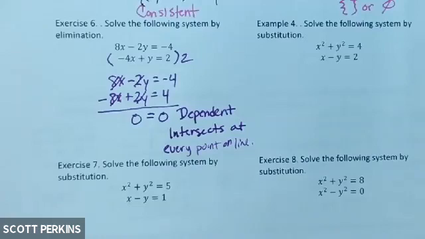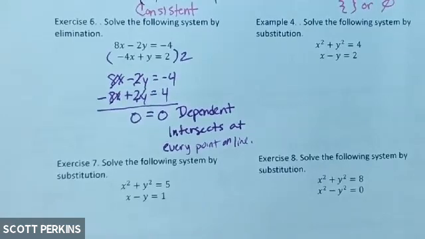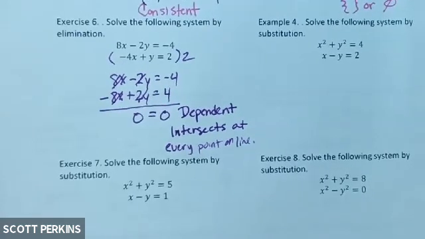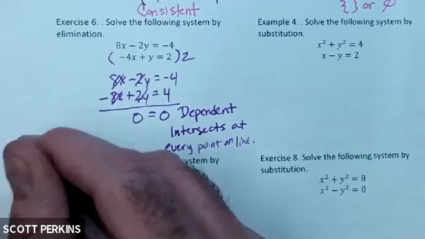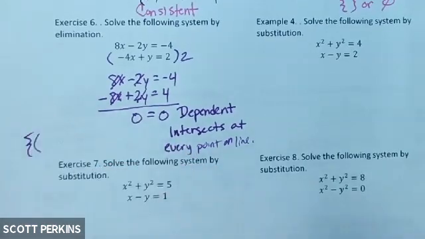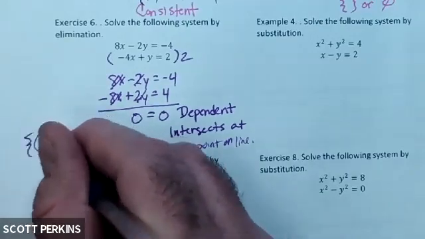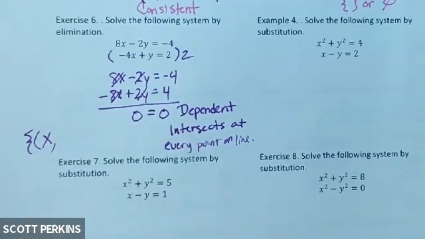I'm just going to have us write the answer the way this math book does it. There's a couple different ways that we could do this, but what our math book says is, I'm going to write an ordered pair that represents this. So I'm going to pick an x value, and then what's the corresponding y value?